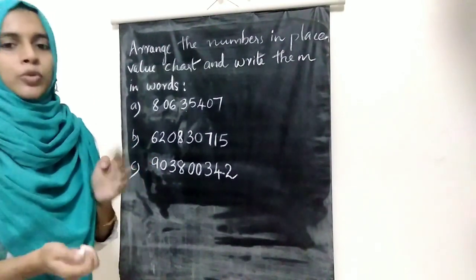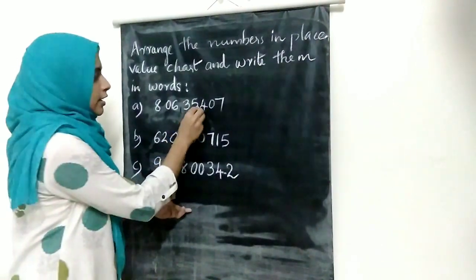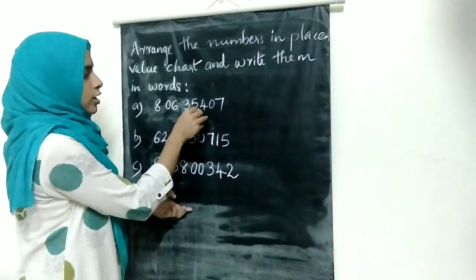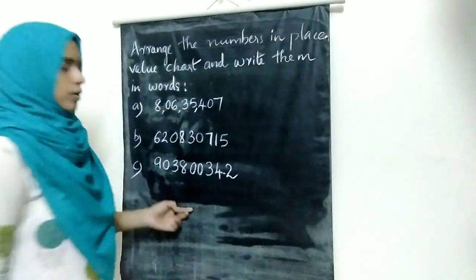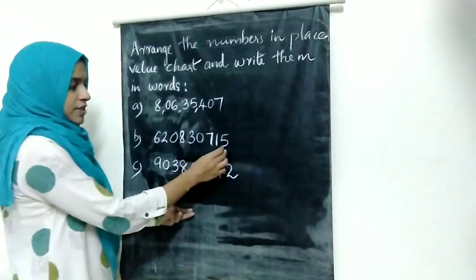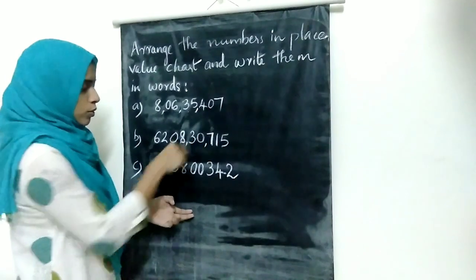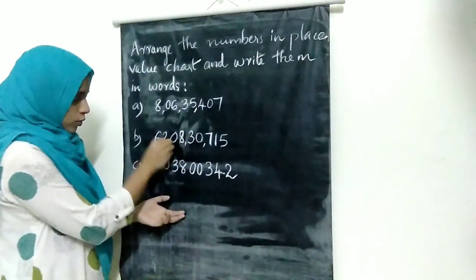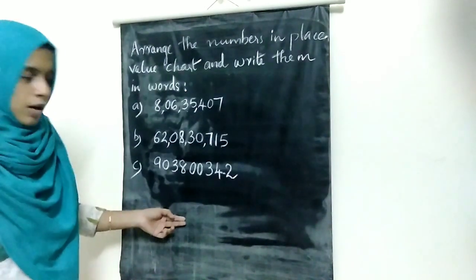So how do we put comma in the Indian system? We put comma like 3, 2, 2, 2. Like 1, 2, 3, comma, 1, 2, comma, 1, 2, comma. This is the way we are putting commas.